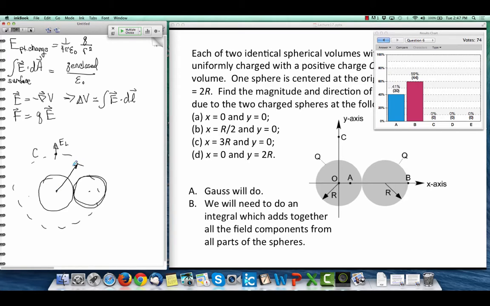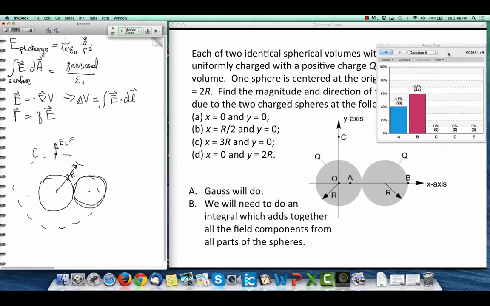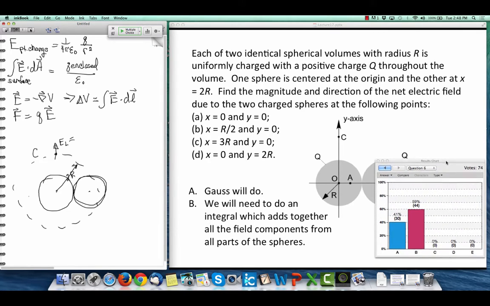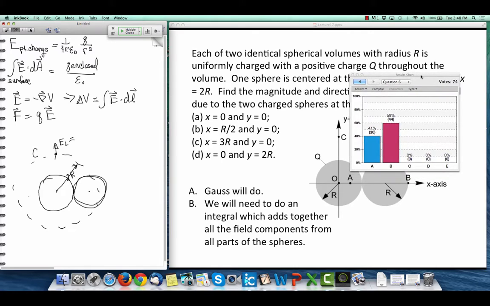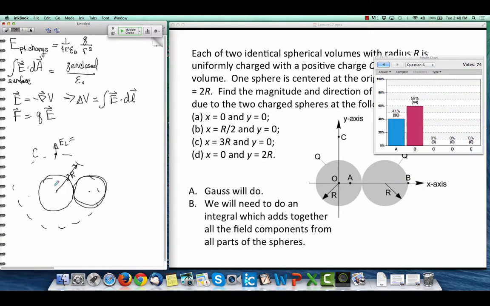The center of the sphere on the right is a different distance. It's 2r to the right of the origin and 2r above the origin.